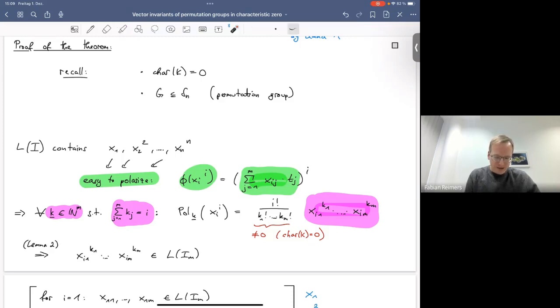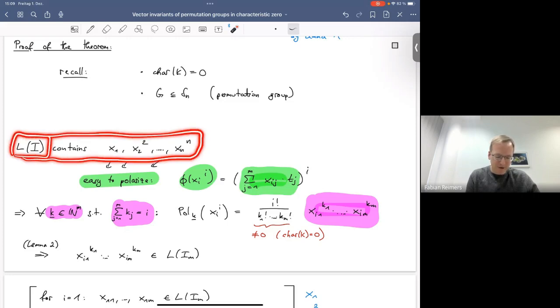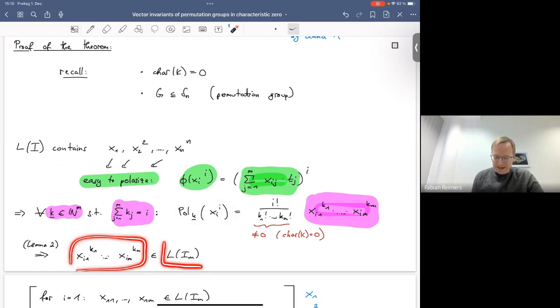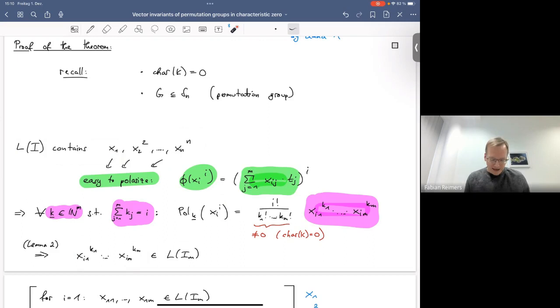So what was the argument here? We know these monomials are in the lead ideal of a permutation group; polarizing them and looking again at the lead terms, the result is again a monomial. These monomials are now in the lead term ideal of the Hilbert ideal of several copies, and this was true for every k.